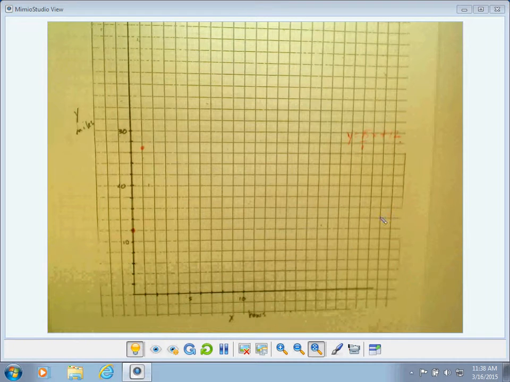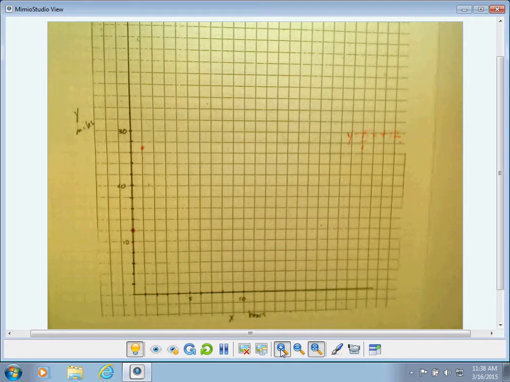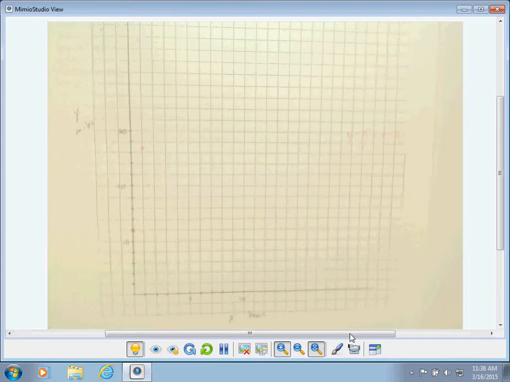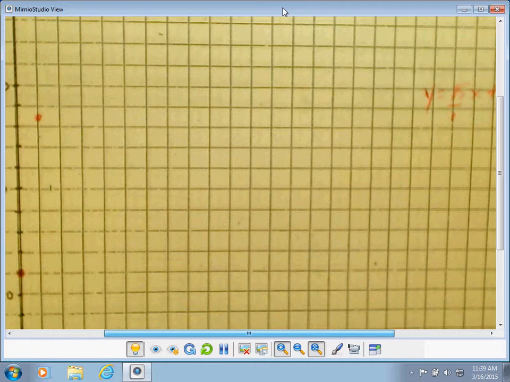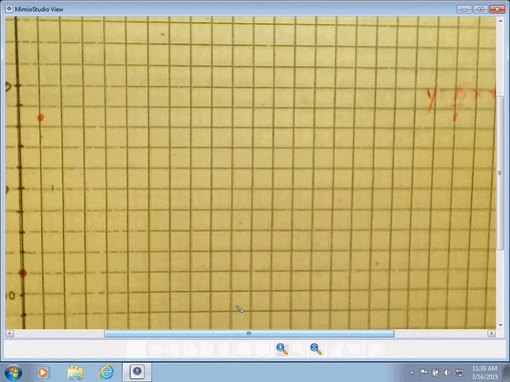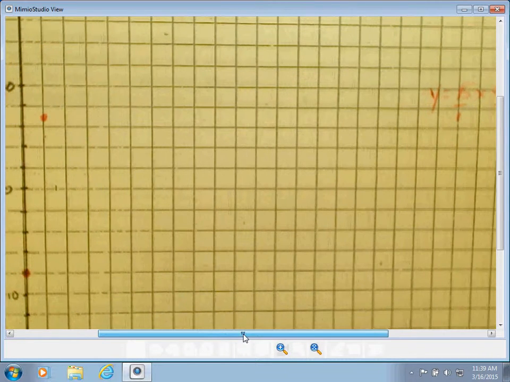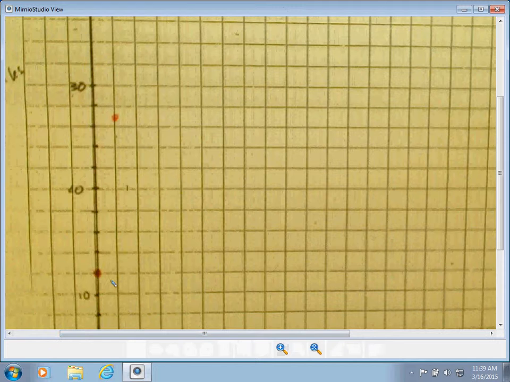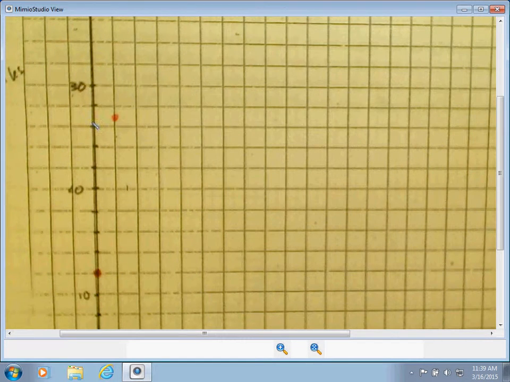I'm going to zoom in on this for you a little bit so you can see it. You can see how I put a point here for 12, and then I went up 15 places and over 1 for the slope.